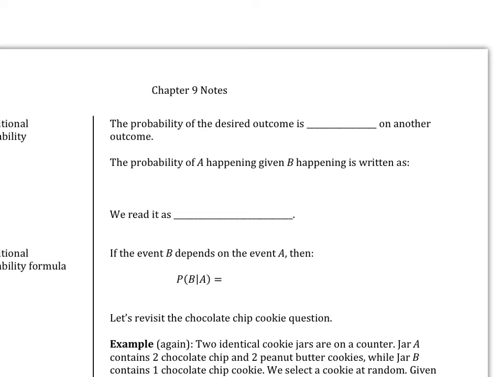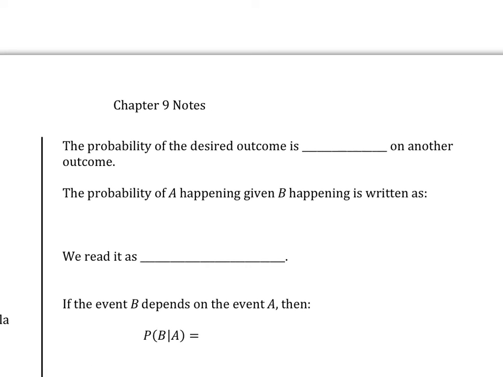All right, now we're going to apply the same thing to conditional probability. Conditional probability is a little bit tricky because it really depends on how you read the question, or if you read the question exactly the way they want you to read it. Conditional obviously means that it depends on a condition, so it's going to depend on another outcome.